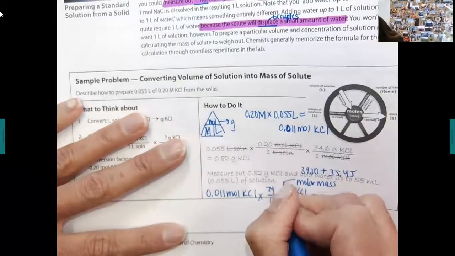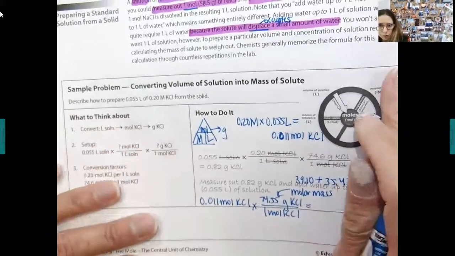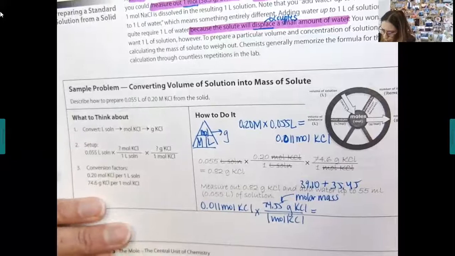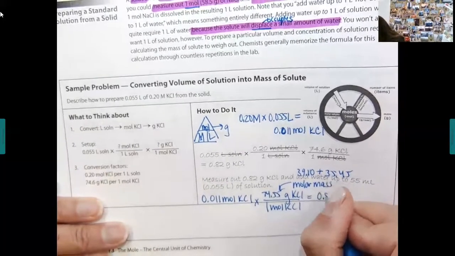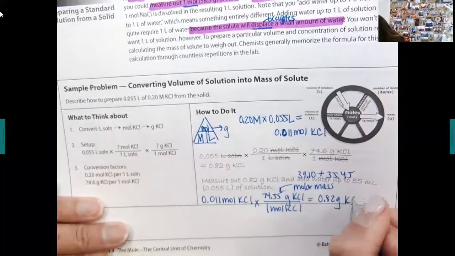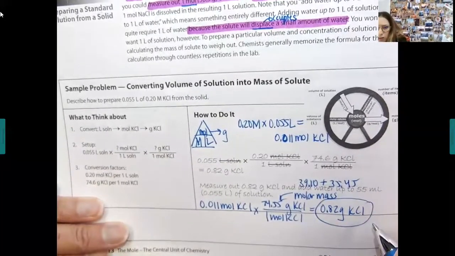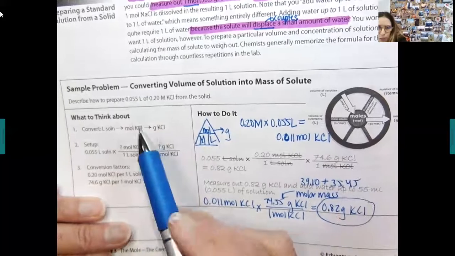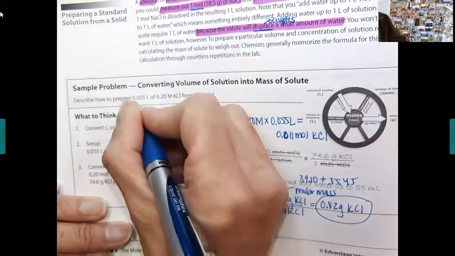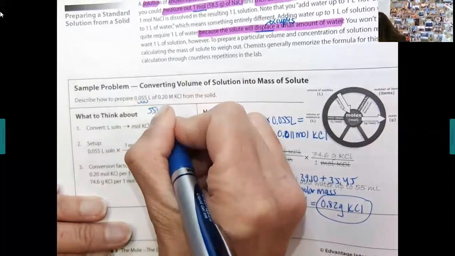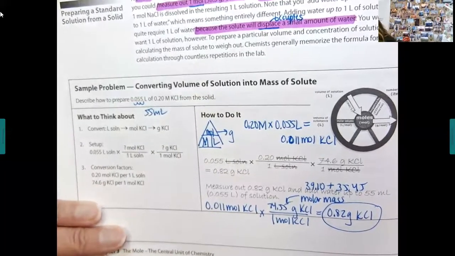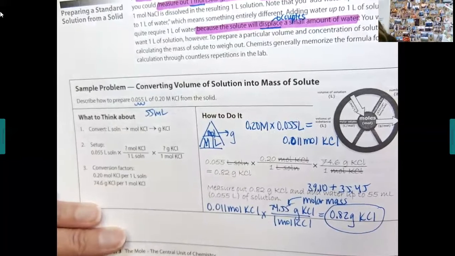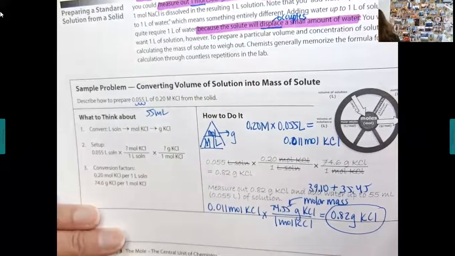So this is 74.55 is your molar mass times 0.011. That's going to be 0.82 grams of KCl that you have to measure out. And then you're going to add water up to, if you move the decimal over 3 places, 55 milliliters. So you add water up to 55 milliliters. And that's how you would make that solution. Okay.